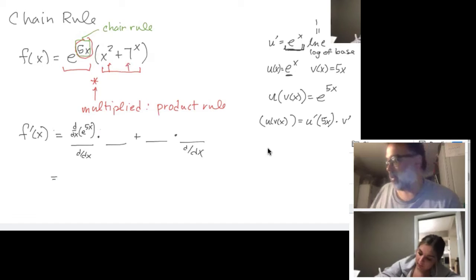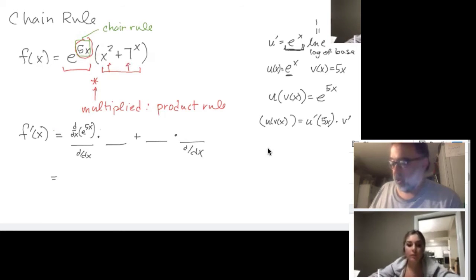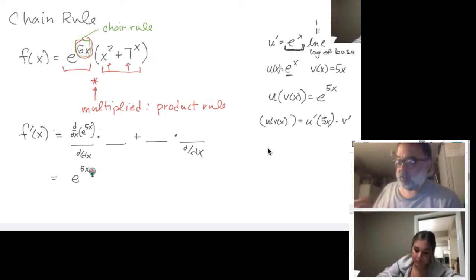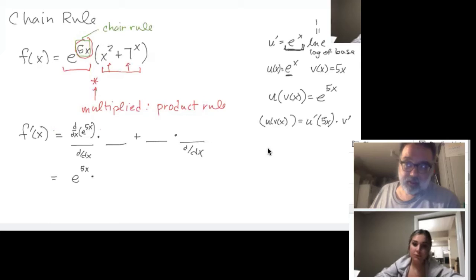In this case, the derivative of e to the x is e to the x. So the derivative of e to the 5x is going to be e to the 5x. But then we have to multiply it times the derivative of 5x. So what's the derivative of 5x?